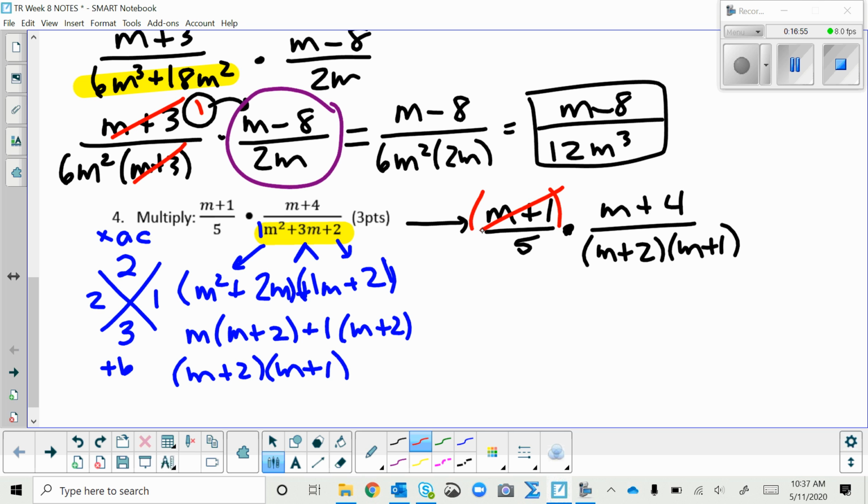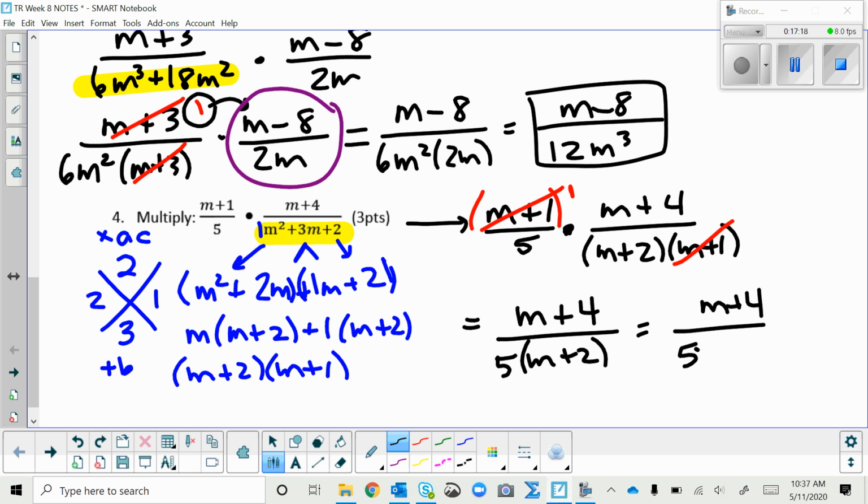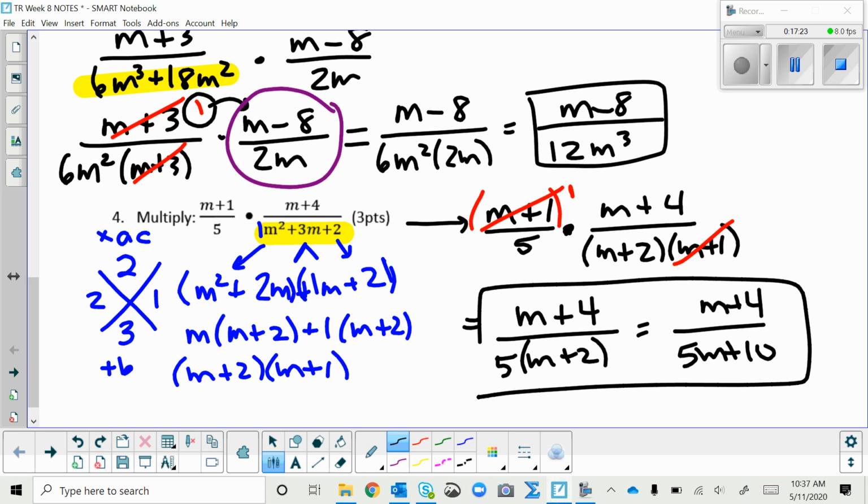So that can cancel out. And again, that leaves you a 1 up here. So then we multiply across the top, m plus 4, multiply across the bottom. You can leave your answer like this, or distribute on the bottom. Okay, you can get either one of these for an answer. It's okay.